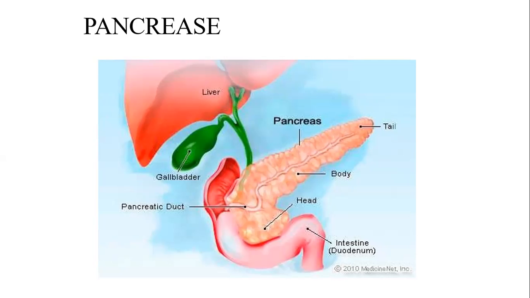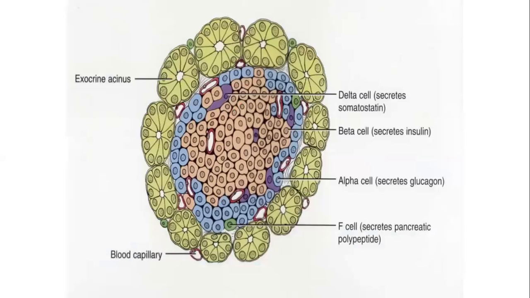They are generally made up of two types of cells, alpha cells and beta cells. The beta cells secrete insulin and the alpha cells secrete glucagon hormone, and these hormones play an important role in various metabolic activities.